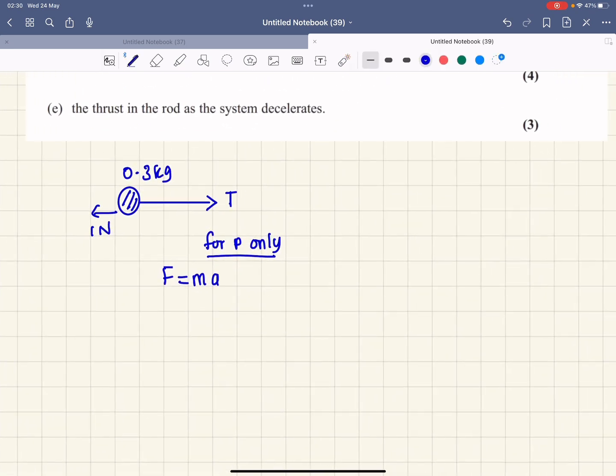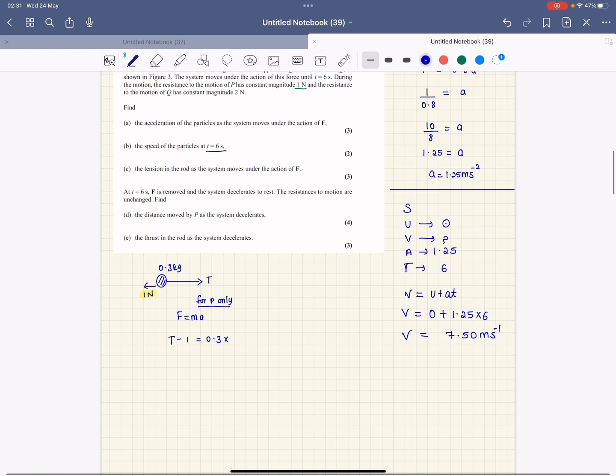ma. So T is the force that's given to pull the object forward, minus 1 newton of force is given backwards. That is equal to 0.3 times the acceleration, and we've already calculated the acceleration as 1.25.